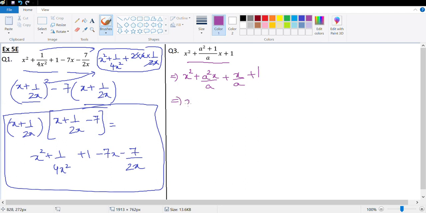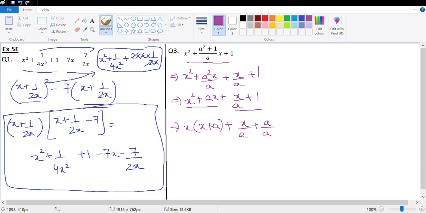So this is x² + ax + x/a + 1. I notice that the first two terms have x in common, but these two terms have nothing in common. So maybe I could write 1 as a/a. So let's just write that. So this is x times (x + a), and instead of 1, let me write a/a.